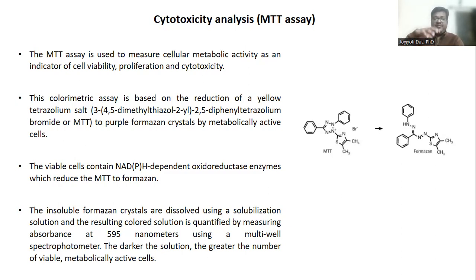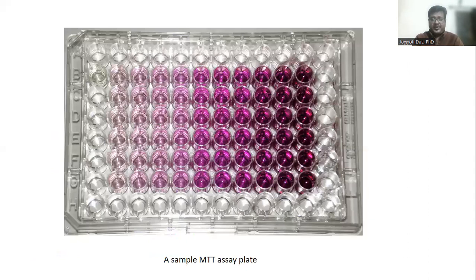Once the formazan crystals are formed, we solubilize the formazan, adding DMSO as a solvent. And then a purple colored solution will result, of which you need to take the absorbance reading at 595 nanometers using the UV-based spectrophotometer.